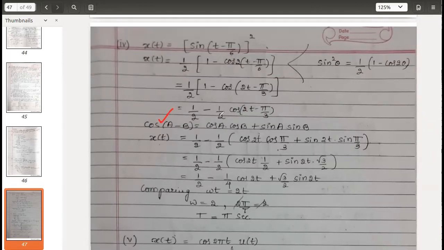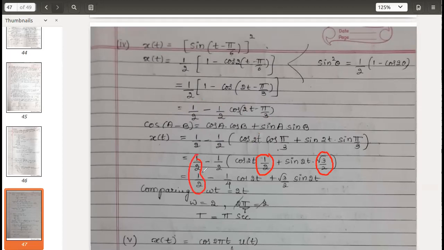Cos a minus b is given by cos a cos b plus sin a sin b. So these terms I have written as it is. Instead of this bracket, cos a cos b, a is 2t, b is pi by 3. Then sin a sin b. So what is cos pi by 3? Cos 60 is half, and sin 60 is root 3 by 2.